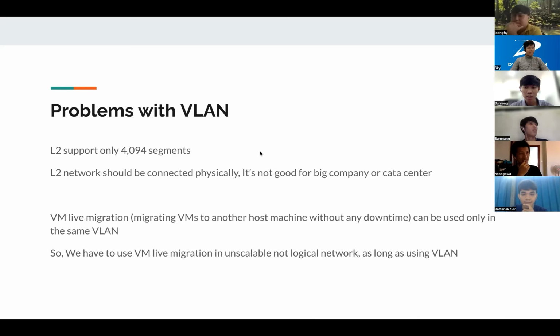You mean why we can't do live migration using VLAN, but we can by VXLAN? Yes. As I understand, in our project we use VXLAN because some servers are not in the same VLAN.